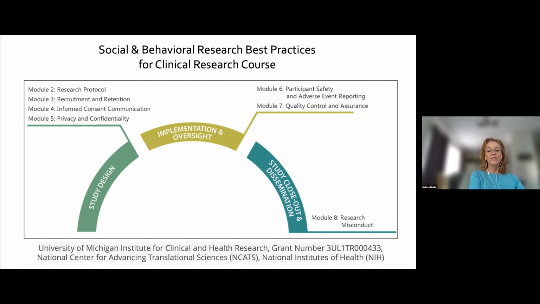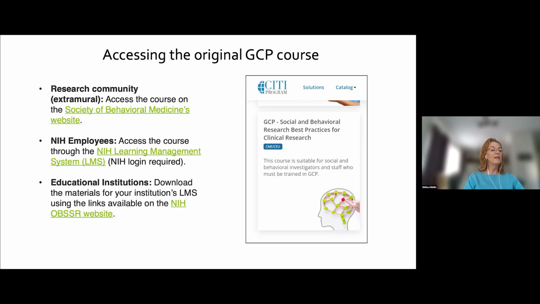Thanks to OBSSR and the Society of Behavioral Medicine, we were able to make that course widely available to the research community. SBM generously hosted the course on their eLearning platform, free of charge to all, not requiring SBM membership to access it. So, truly a nice collaboration with SBM.